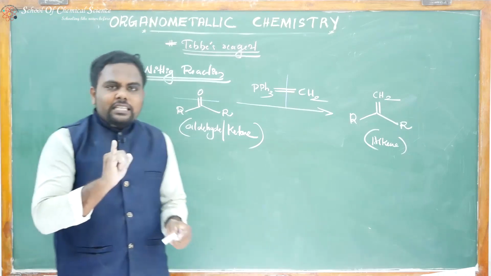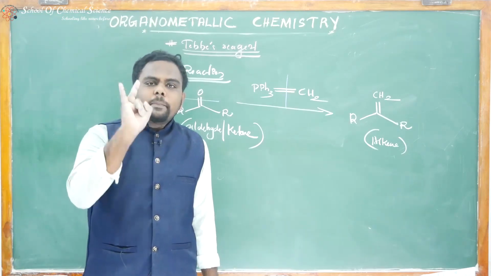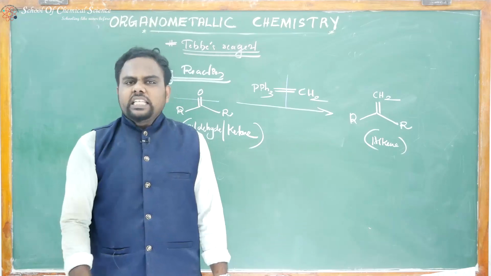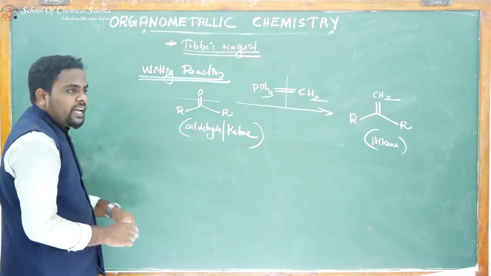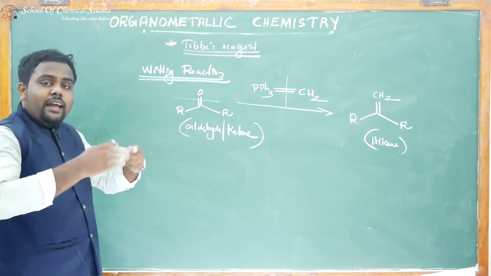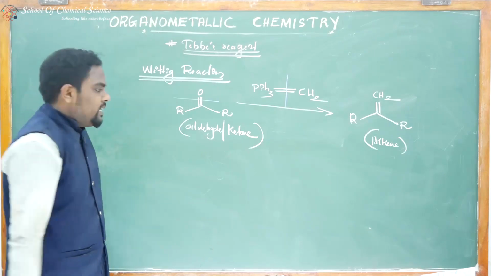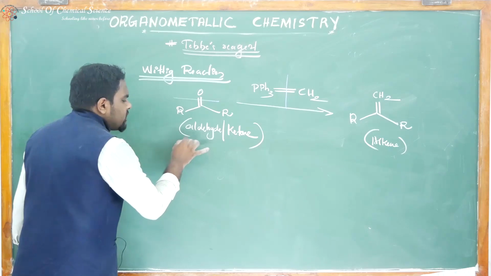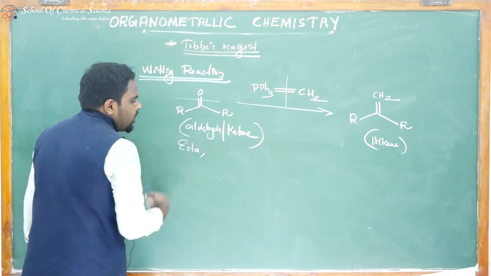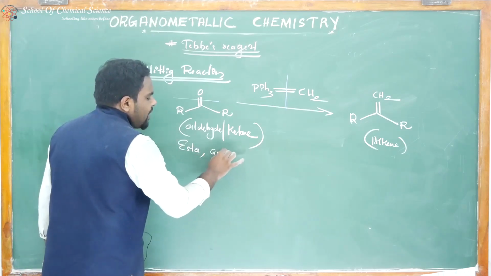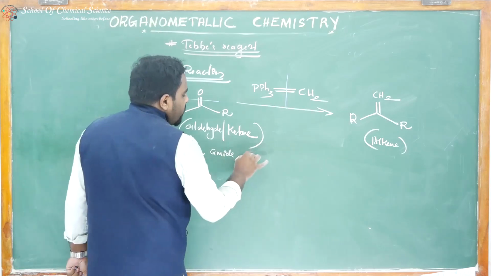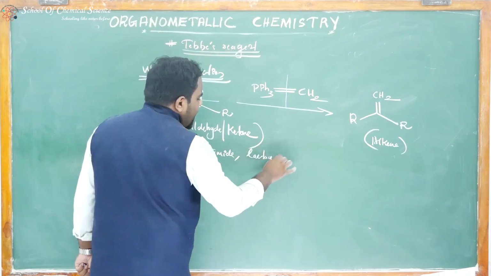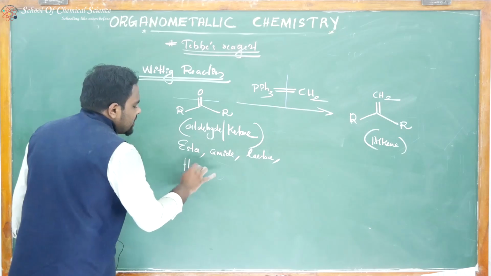Our Tebbe's reagent, Grubbs reagent, Petasis reagent, same function, but instead of only aldehyde and ketone, they will react with more functionalities. Same reaction, but ester reacts, amide reacts, lactone reacts, thioester reacts.